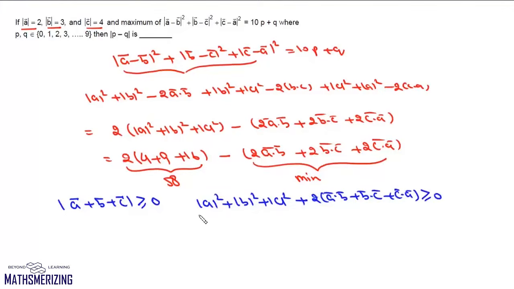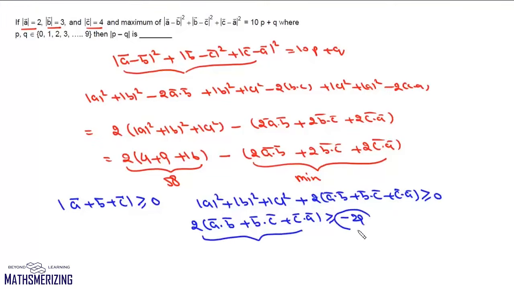Now mod A squared plus mod B squared plus mod C squared is 29. So from here we can write 2 times A dot B plus B dot C plus C dot A is always greater than or equal to minus 29.